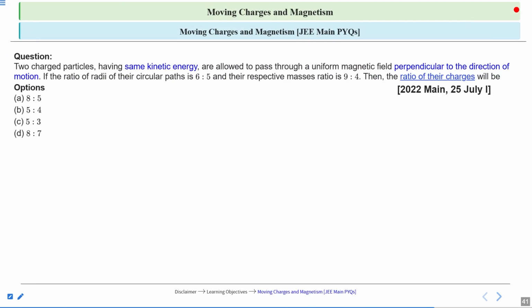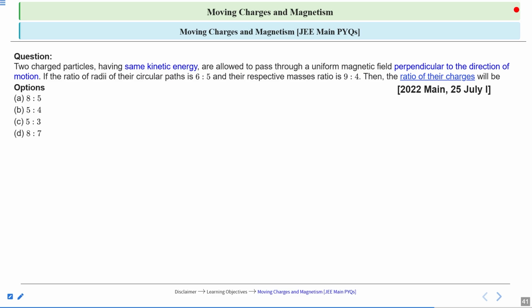Okay, so our last question, and this is an important question. Two charged particles have the same kinetic energy and are allowed to pass through a uniform magnetic field perpendicular to the direction of motion. Means angle between V and B is 90 degree, already given.